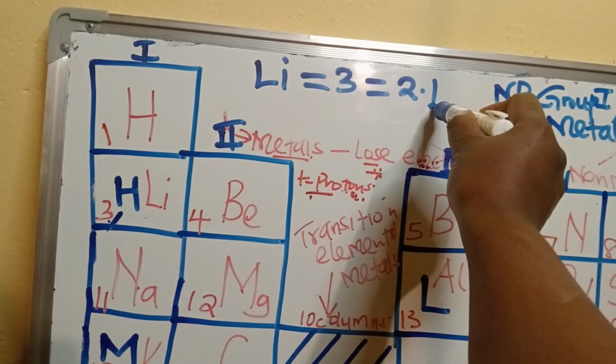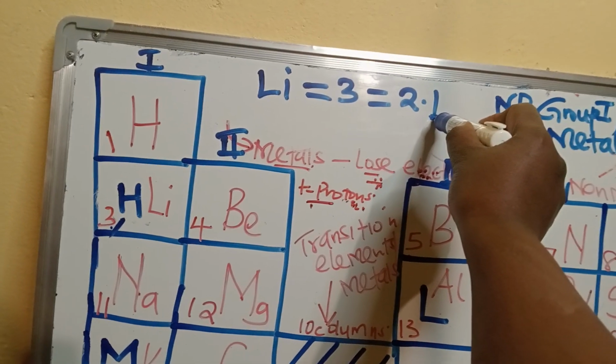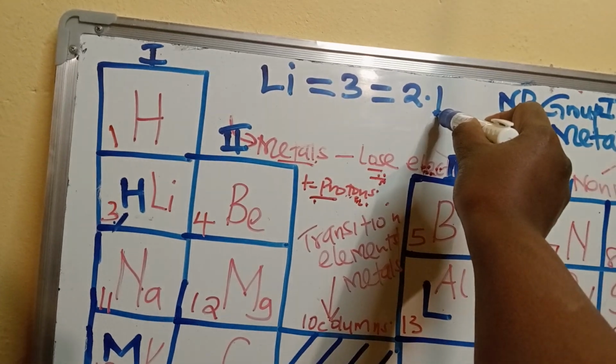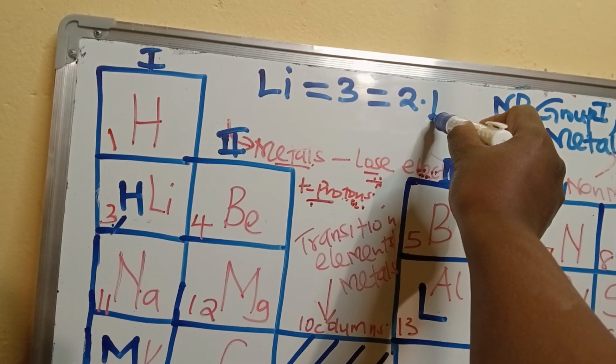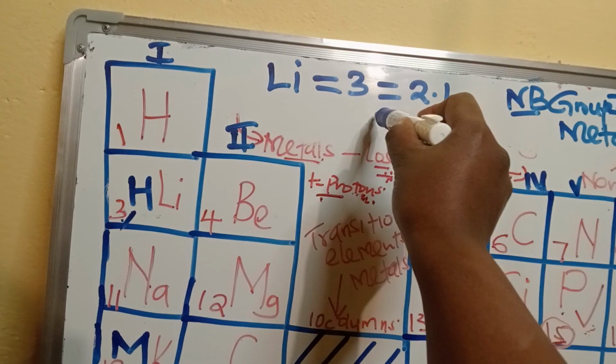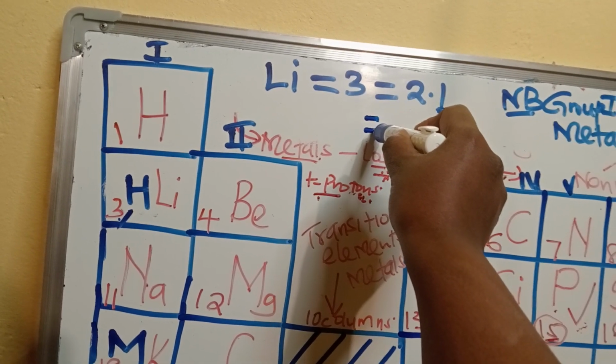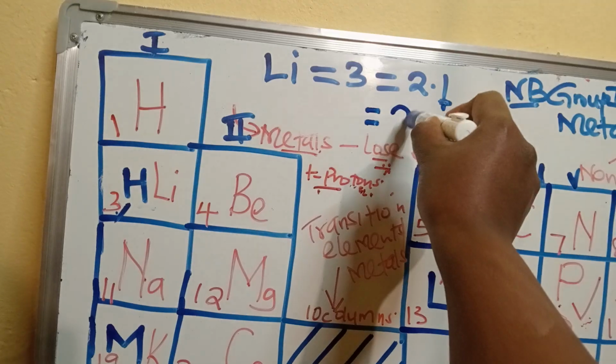And remember, I have just said earlier on that metals usually react by losing electrons. So lithium will lose 1, and when it loses 1, it will end up with just 2.